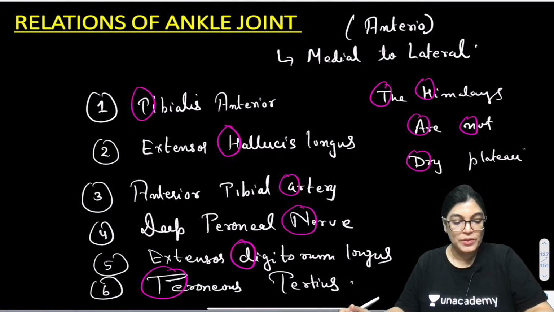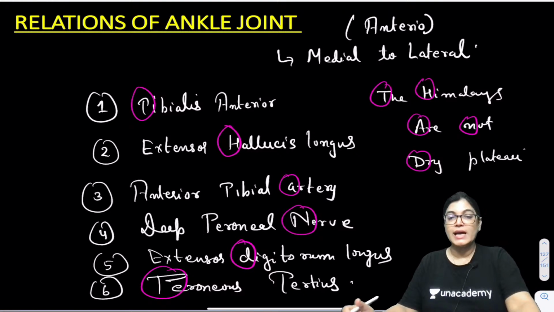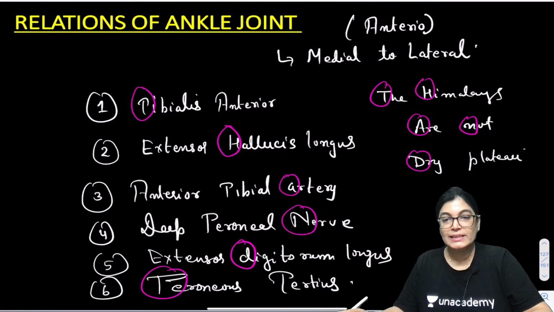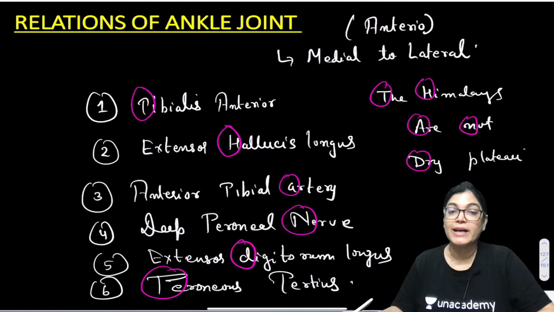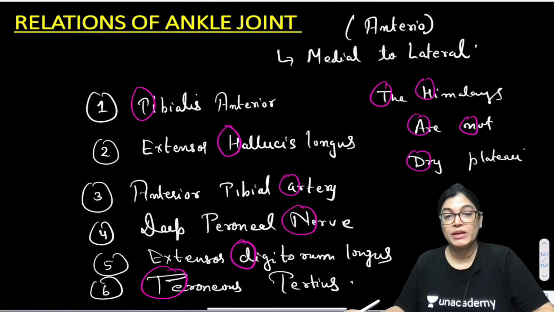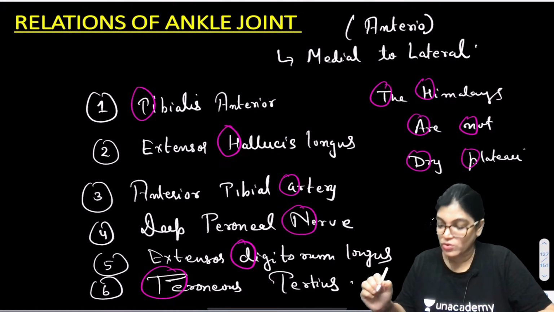So this is the mnemonic from which you can understand the structures related to the anterior aspect of the ankle joint.